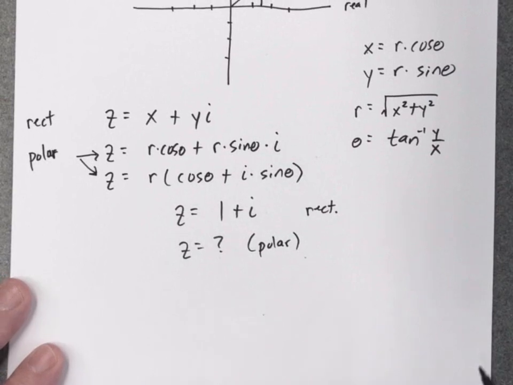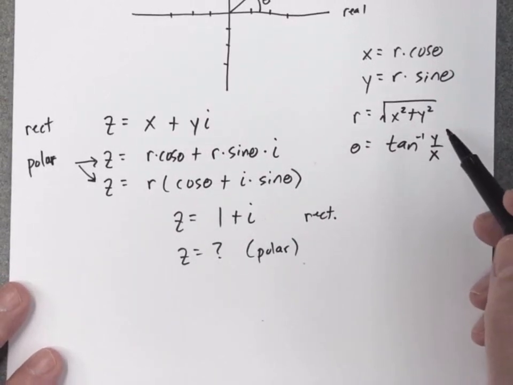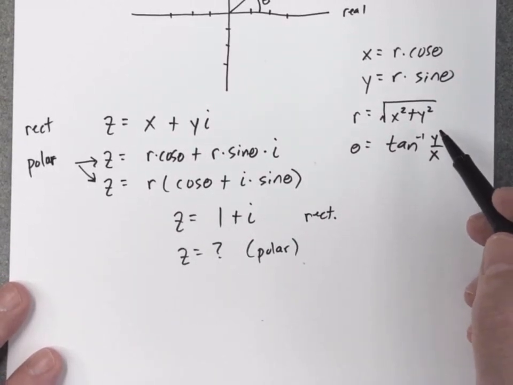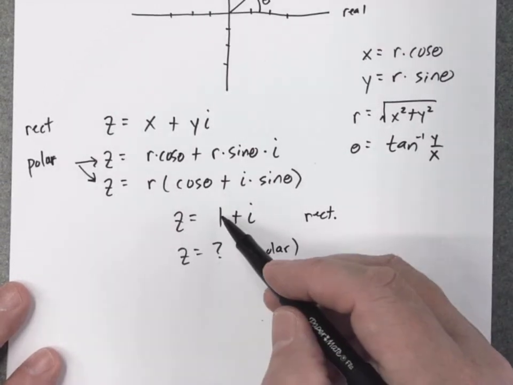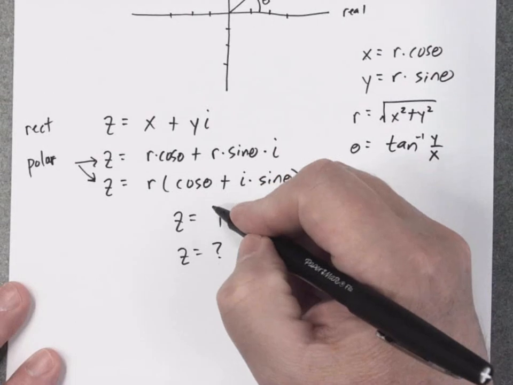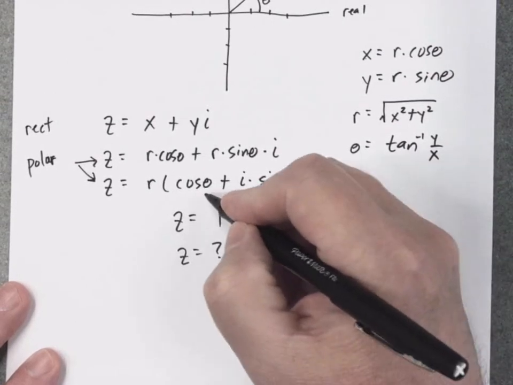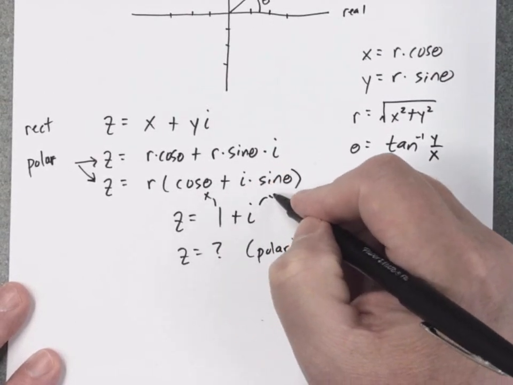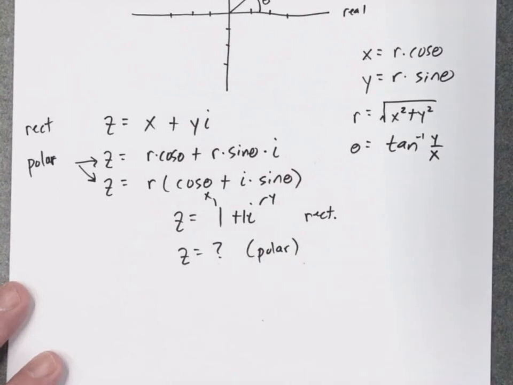It's just like what we did going back and forth between rectangular and polar coordinates when we first learned about polar coordinates. 1 is like my x. This is like my y. Of course, if you want to, you can think of a 1 being there. So x is 1, y is 1.